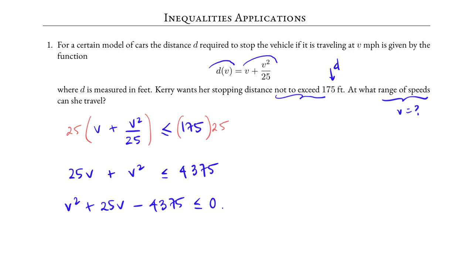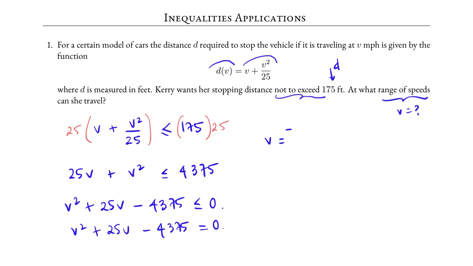First, we solve the equation v squared plus 25v minus 4,375 equals 0. This is a quadratic equation. The number 4,375 is quite large, so we might not want to factor this. For a quadratic equation, we can always use the quadratic formula.